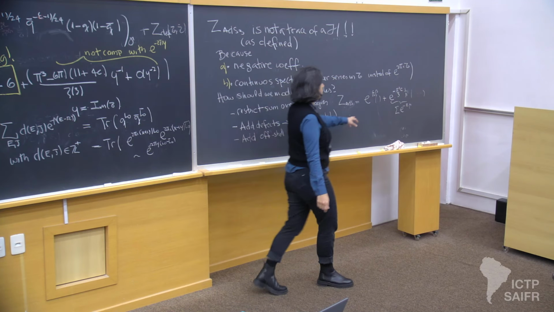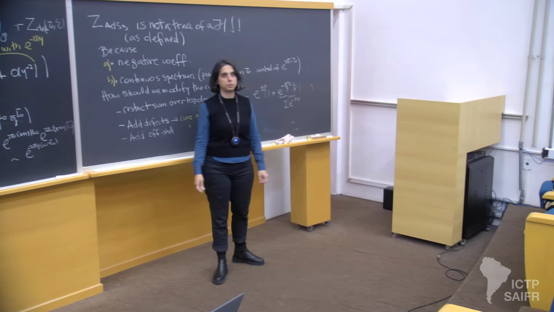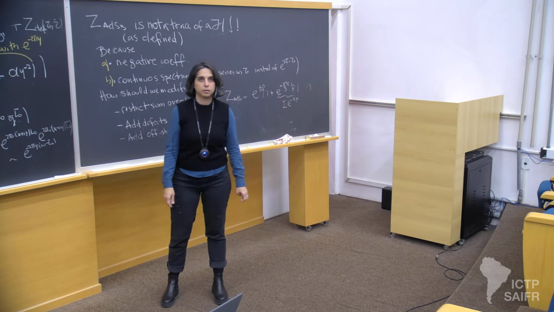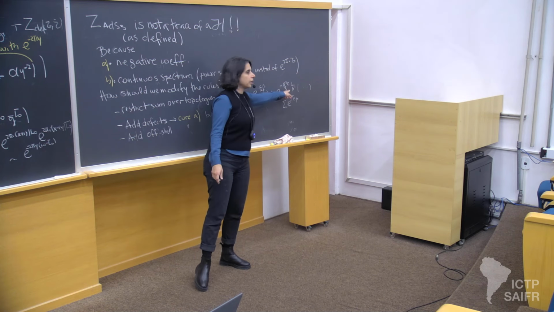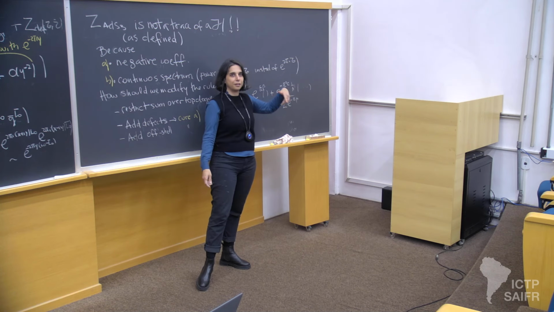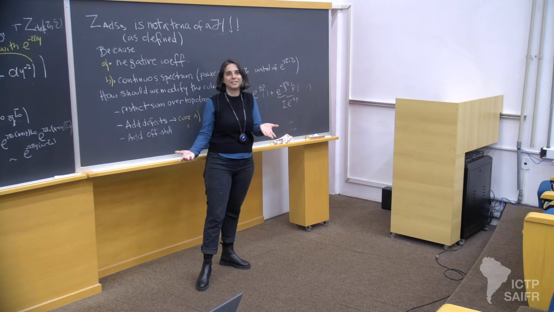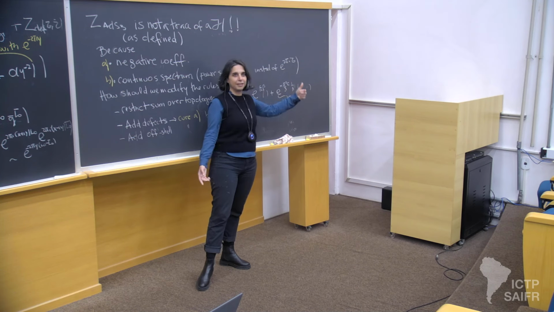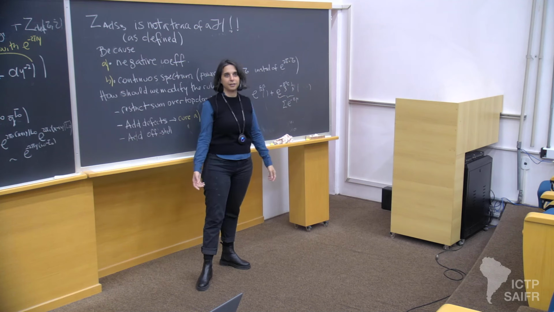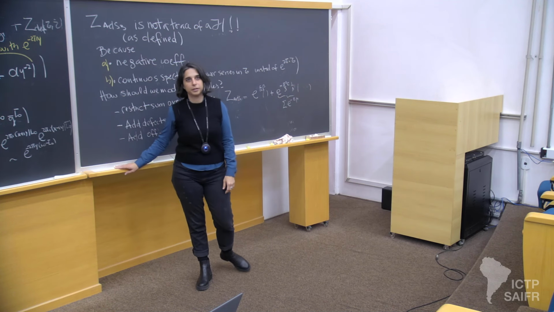These are the two geometries that had a good Lorentzian interpretation. Okay, but it doesn't work. No, because you have 1 over beta there, and 1 over beta is not something that you expand as e to the minus beta. If you try to write this function as a sum of e to the minus beta, it's going to give you garbage.